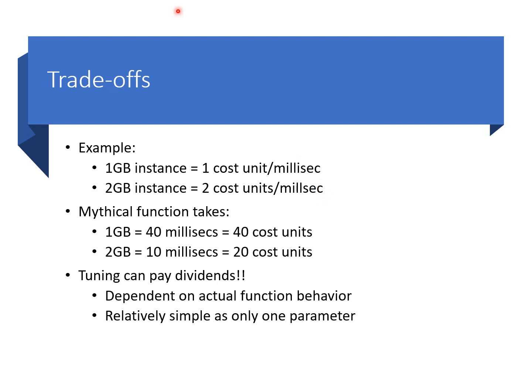With 1 GB of memory available for a function, I'll assume this function executes in 40 milliseconds, thus incurring 40 cost units. But with 2 GB of memory allocated to a function, and commensurately more CPU allocation, the same function actually just takes 10 milliseconds, meaning that you're parting with 20 cost units from your AWS wallet.